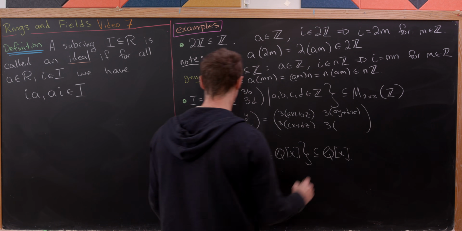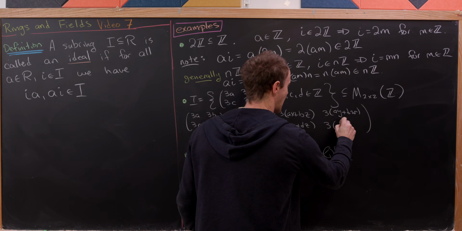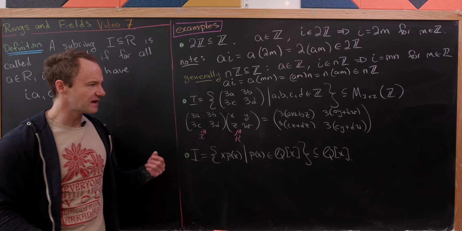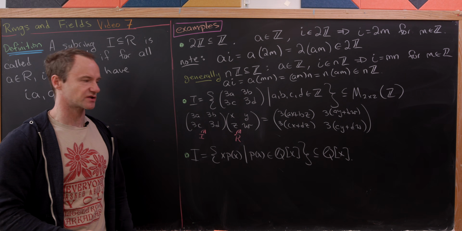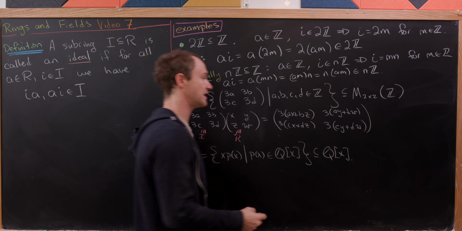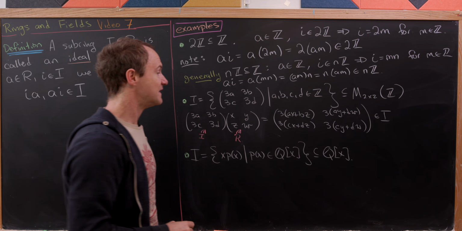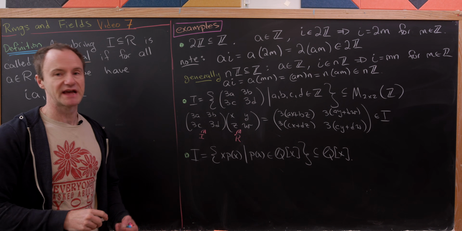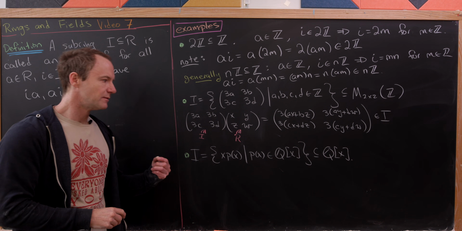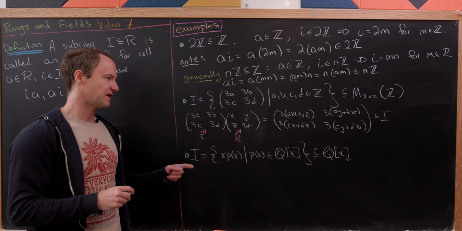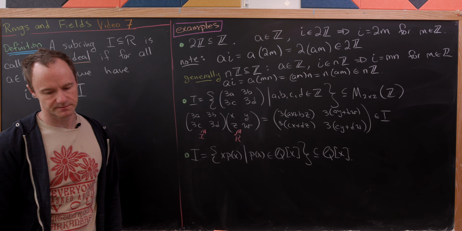And then 3 and then (cy plus dw). The important thing here is that all of those entries are still multiples of 3, meaning that this is inside of the ideal. And now in this case, you have to check the multiplication in the other order as well, because it is not commutative, but let's not worry about that. I think that's going to be a similar calculation.